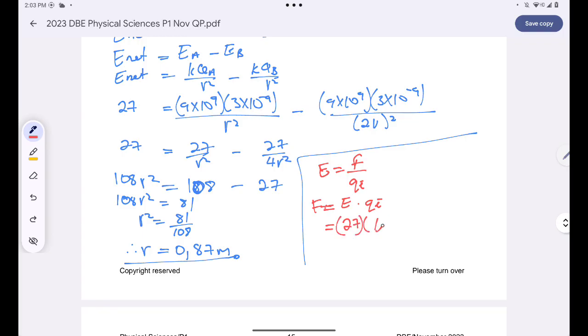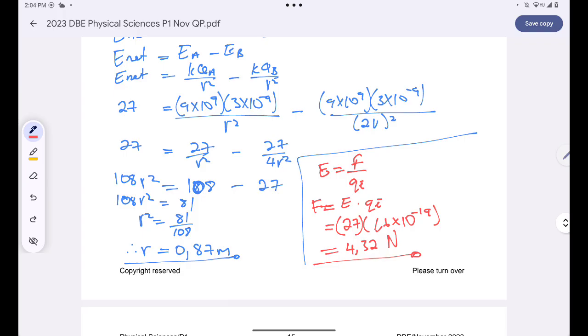Charge of an electron is 1.6 times 10 to the power negative 19. What do I get? 27 multiplied by 1.6 times 10 to the power negative 19. I'll simply get 4.32 newtons.